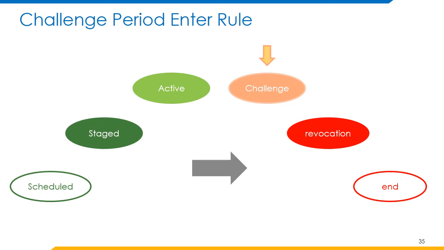The certification items that are challenged are going to be once again sent back to the certifier, and the certification decision shall be reconsidered by the certifier. Challenge period enter rule is a rule that is executed just after the certification challenge has started.